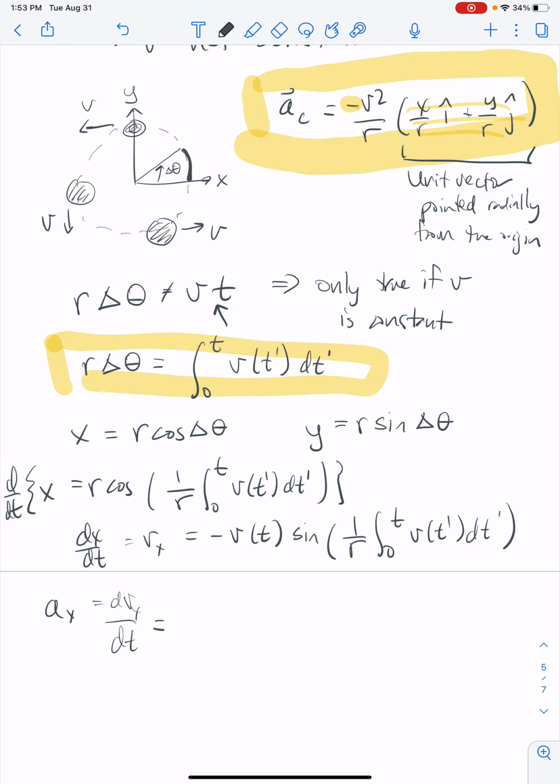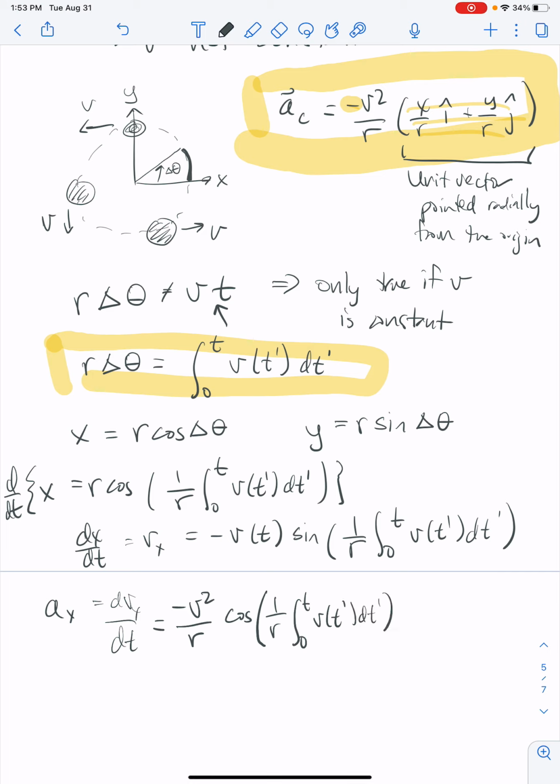Okay, and now we can say that we get negative v squared over r, cosine of (1 over r, integral from 0 to t, v of t prime dt prime).